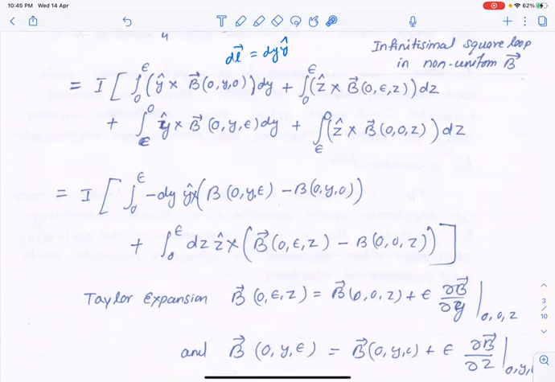If epsilon is small, you can express B(0, epsilon, Z) in terms of the value of B at (0, 0, Z), plus the first-order Taylor term, epsilon times del B by del Y. This can be expressed as a series expansion, where the first term is the value and the second term is the first derivative along Y.